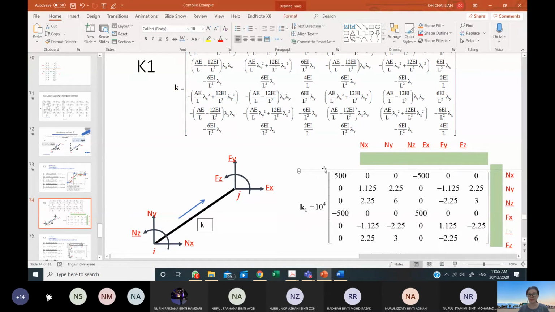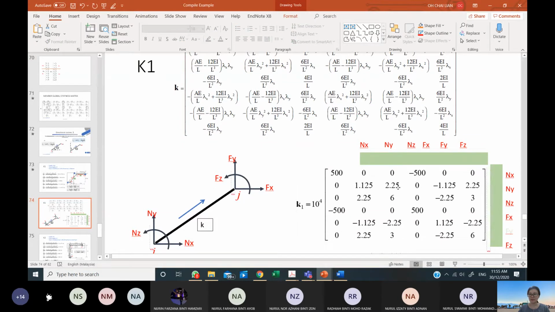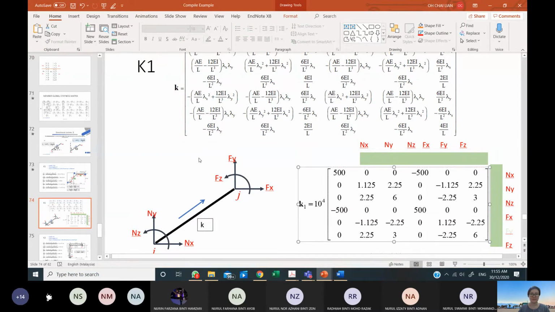This template is not the answer yet. I haven't put in the answer. How shall we do that? We need to get the information of this.